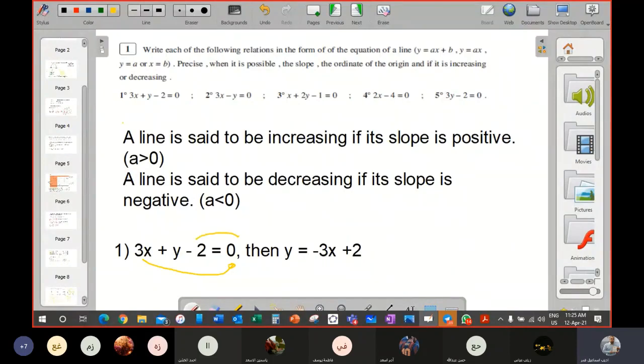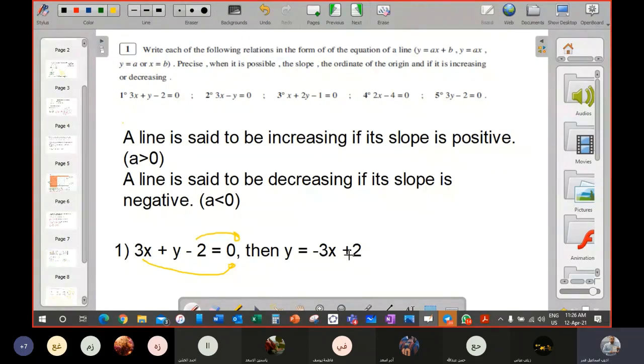Then we have on the left-hand side y equals, on the other side minus 3x and plus 2. Okay?